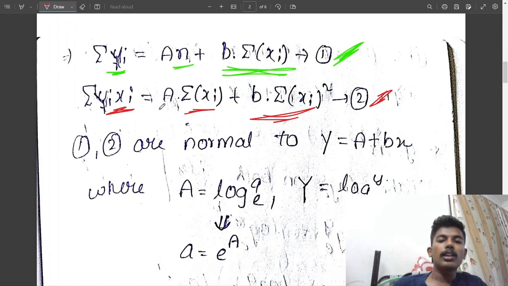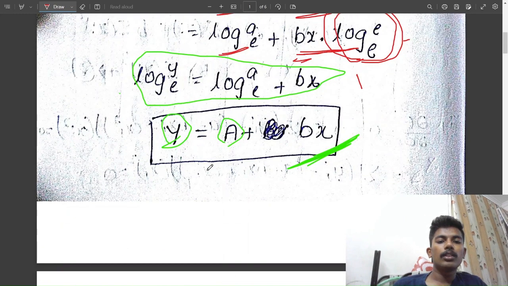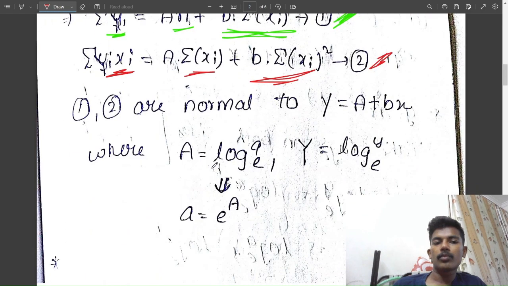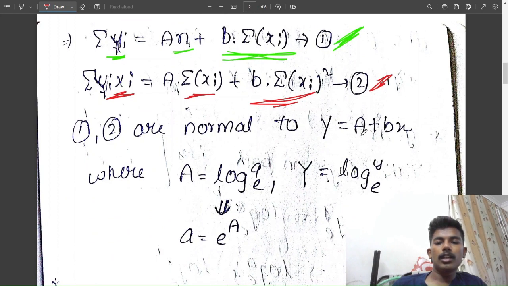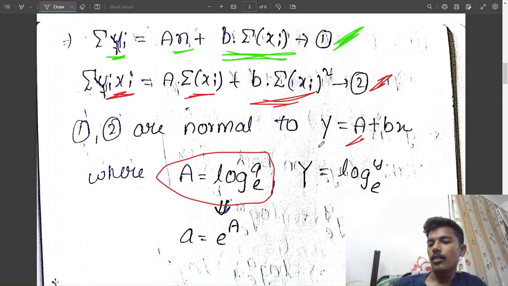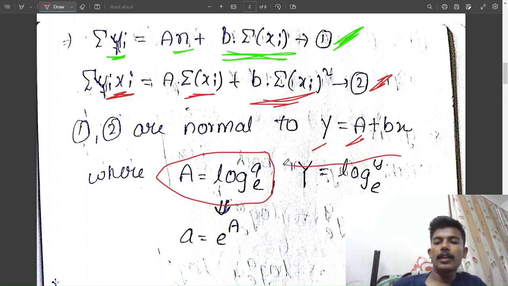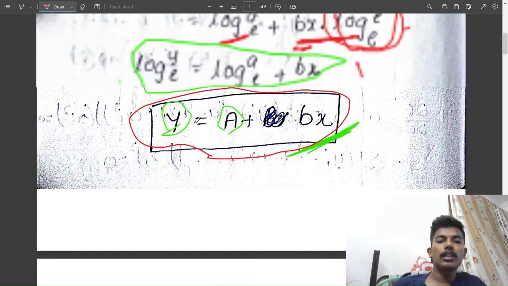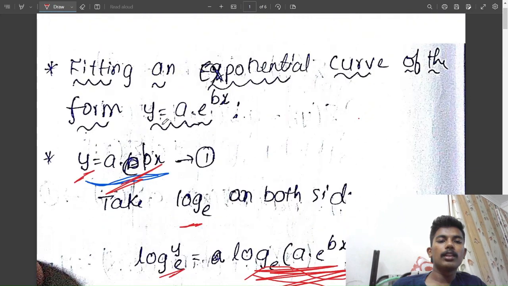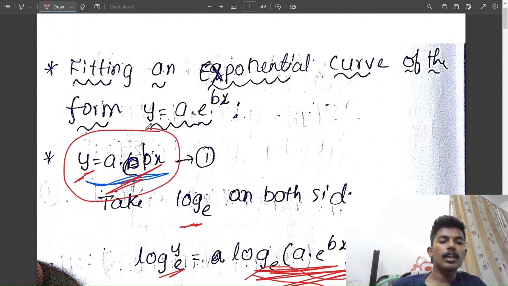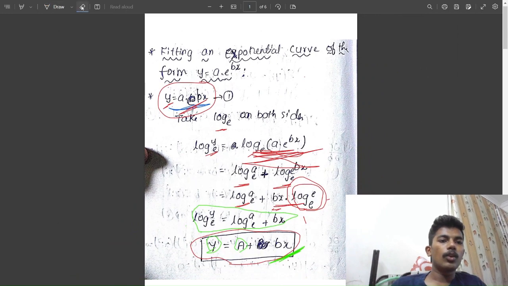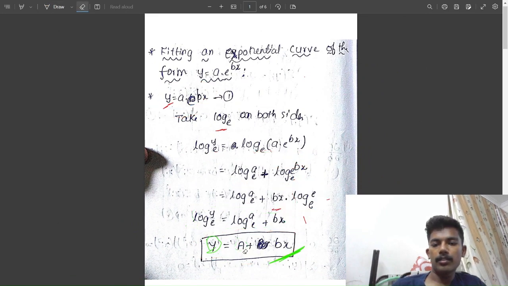Now, equation 1 and equation 2 are normal equations to this equation Y is equal to A plus bx, where A is given by log a to the base e and capital Y is given by log of small y to the base e. So, these are the normal equations obtained for the equation y is equal to a into e power bx. By solving that, now we will take an example to understand this in a better manner.